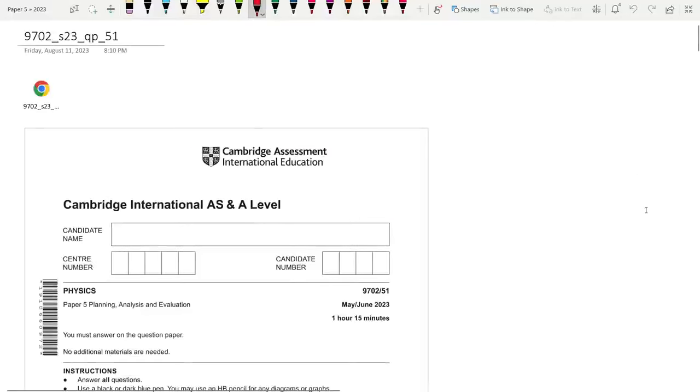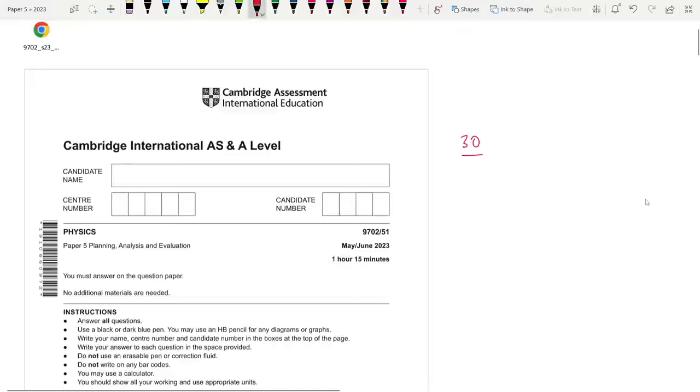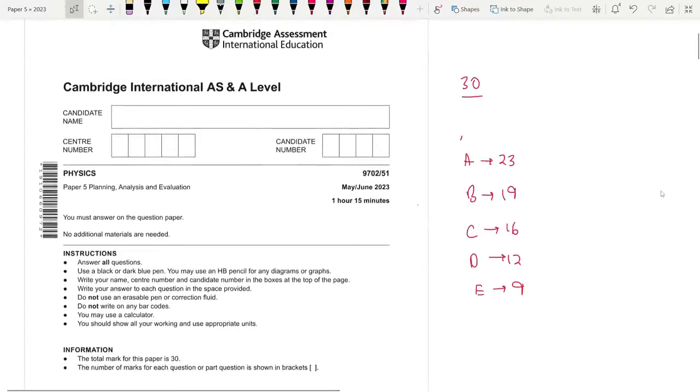Okay, that's good. So A star should be at around 3 or 4 marks more than this, 26 or 27, so that is pretty hard. So that is the threshold. So let's start with the paper then, starting with question number 1.